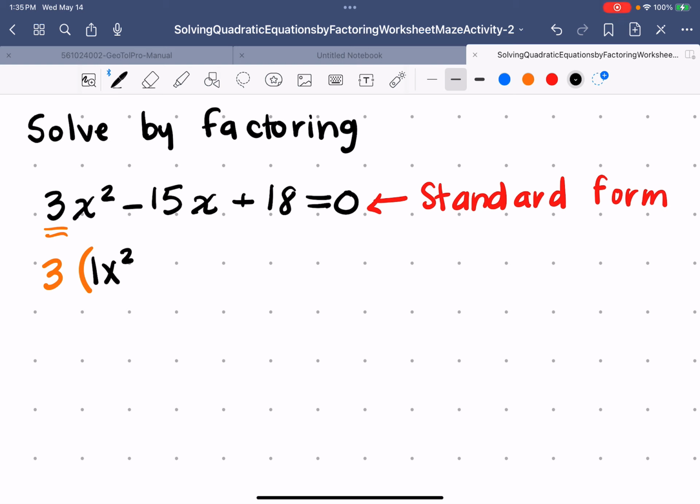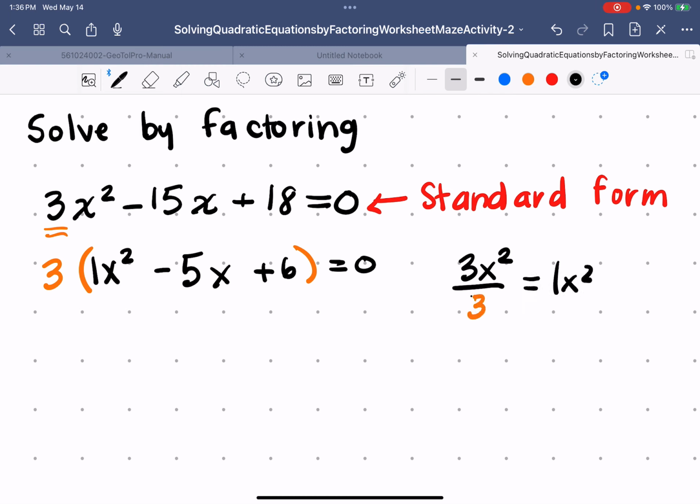Then we have negative 15x. If we factor out a 3, we get negative 5x left over. And for the last term, if we factor out a 3, we have 6 left over. Where did that come from? Well, it's like dividing each term by 3. If we divide this by 3, that gives us the 1x squared.